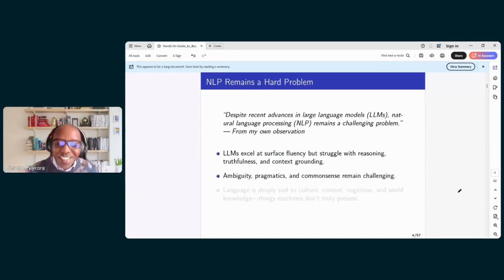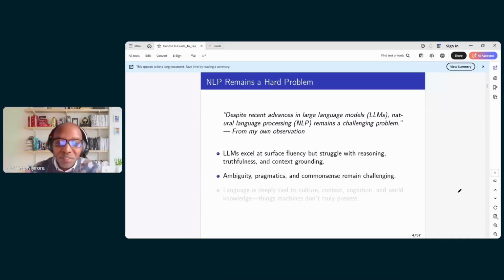Obviously, because the ChatGPTs can generate the text, but they still struggle with the reasoning, truthfulness, and the context grounding. So for those working in the area of machine learning, this is still a very interesting problem to work on. Of course, we have to celebrate the advances we've made, but the problem still remains.